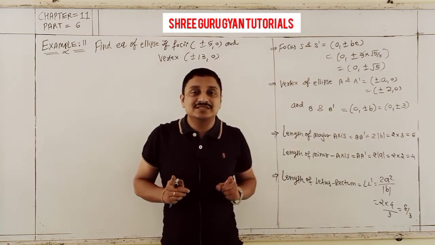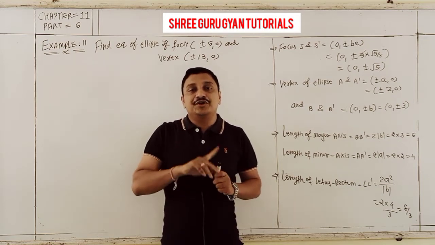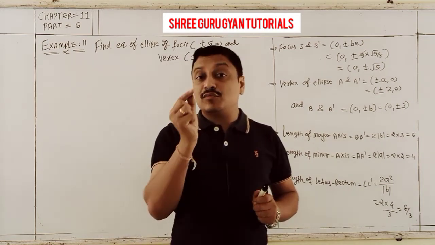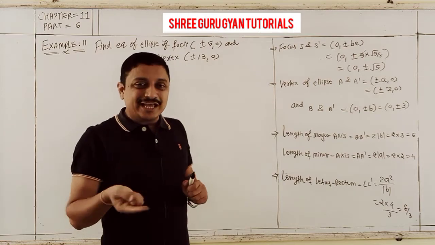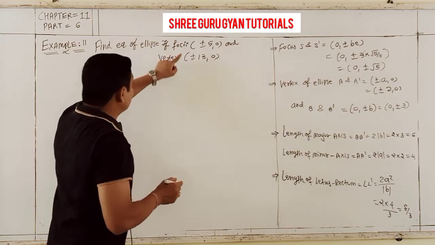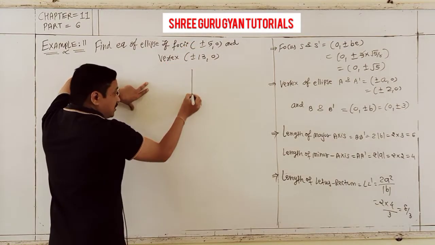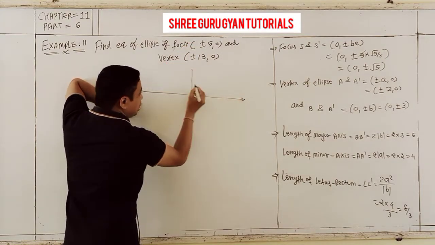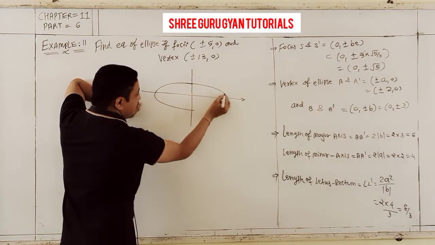First of all, students, you just draw the figure and plot your foci, because according to the foci you will judge what the major axis is. Here the foci are given on the x-axis, it means my drawing is definitely in this way.